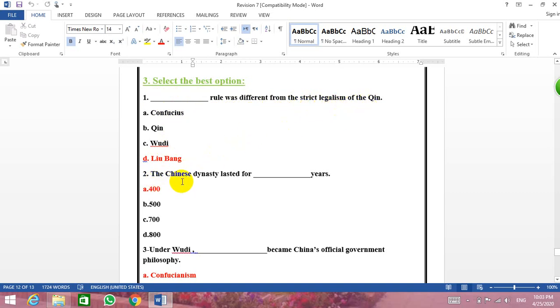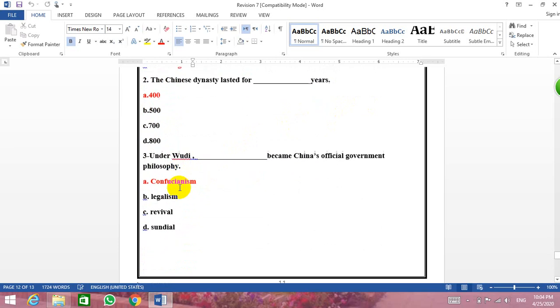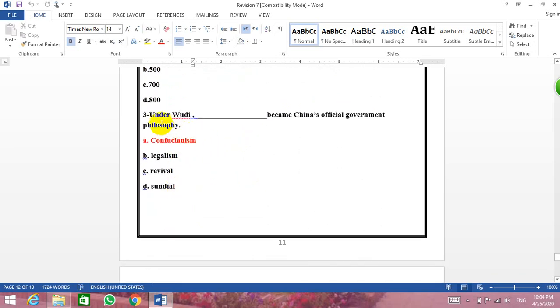Point number 2, the Chinese dynasty lasted for dash years. The Chinese dynasty lasted for 400 years. Option A is the correct answer. Question 3, under Wudi, dash became China's official government philosophy.